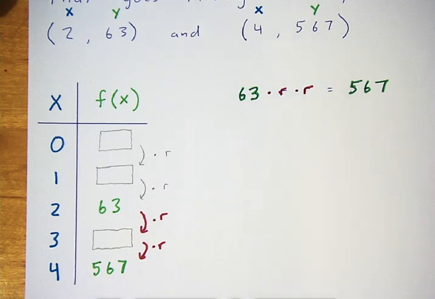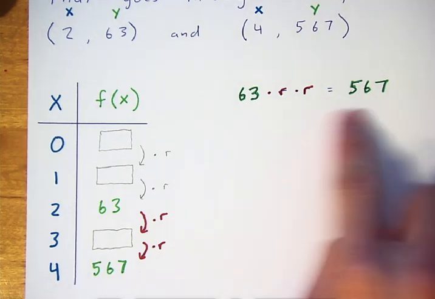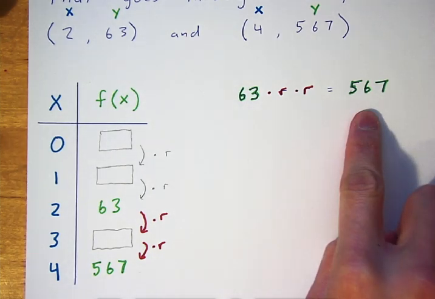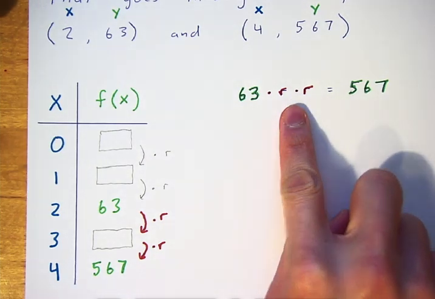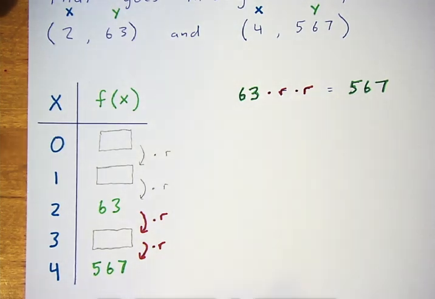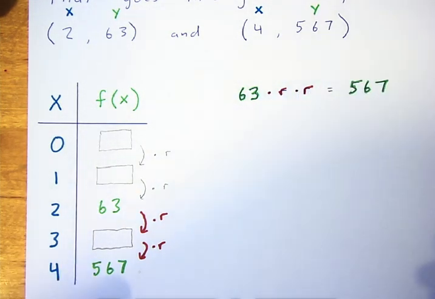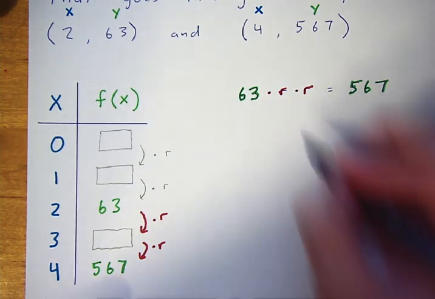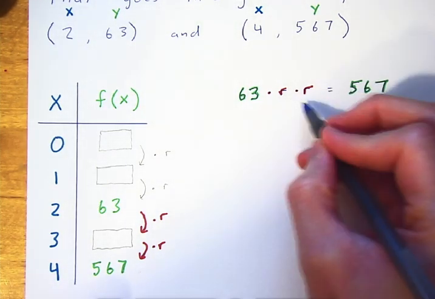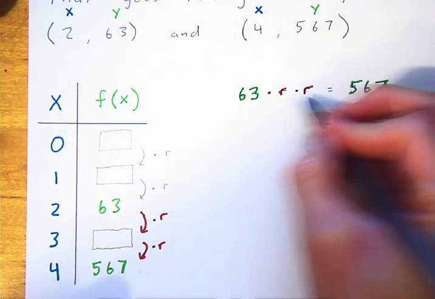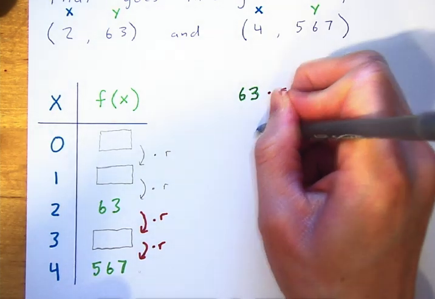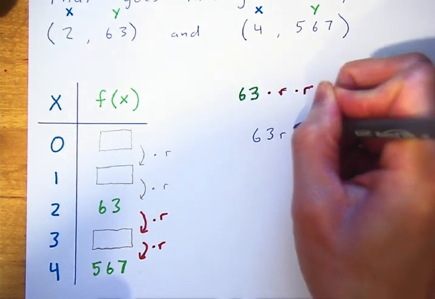Okay, so we have here an equation, and we have one variable, r. So at this point, you can just solve for r. First, I'm going to simplify this right here: 63 times r times r is 63r squared.